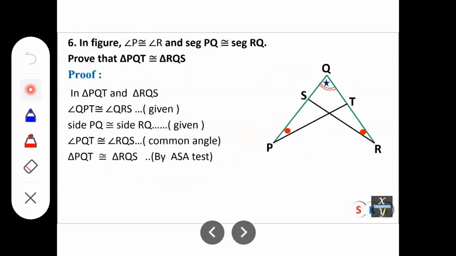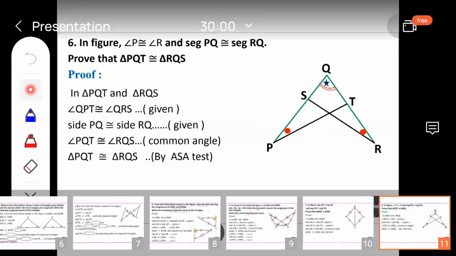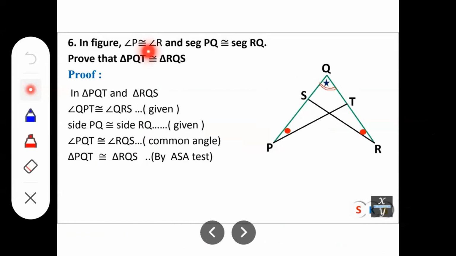So this practice set, and the last example of this practice set is here. Here also one pair of angles is given congruent to each other, and the sides are also given congruent, and we have to prove those two triangles congruent.